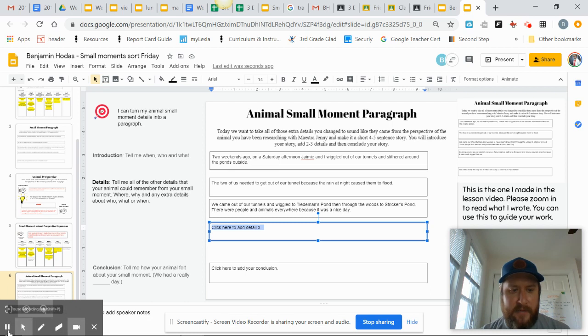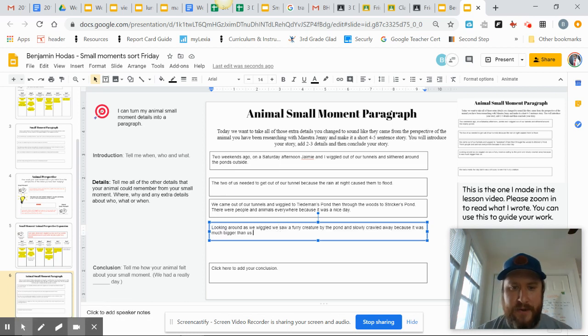Let's see what I can come up with. So friends, I turned that detail into looking around as we wiggled. We saw a furry creature by the pond and slowly crawled away because it was much bigger than us.